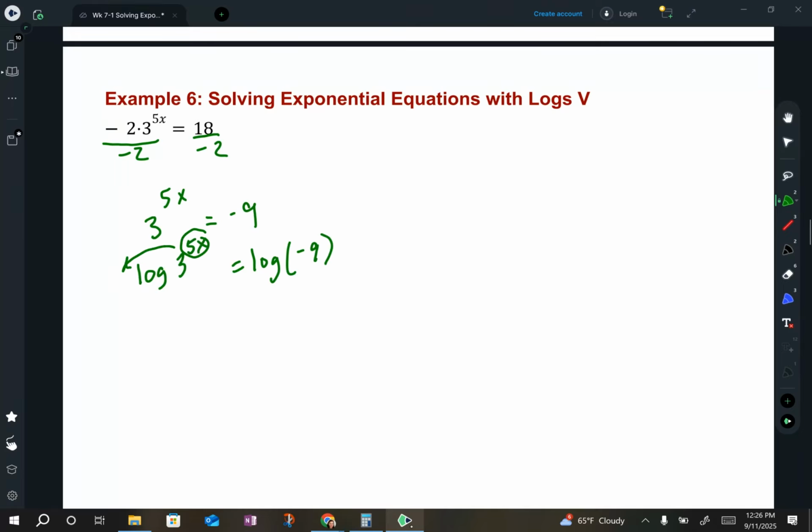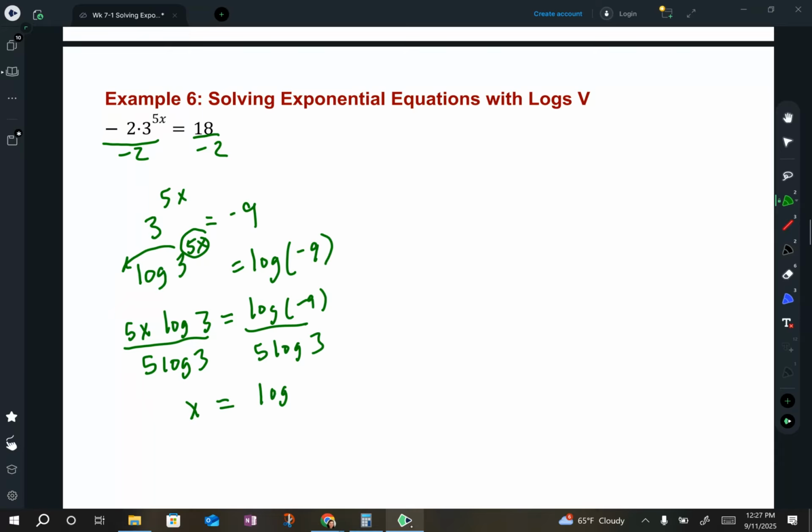Bring down the 5x. 5x log 3 equals log -9. And divide by 5 log 3. So x equals log -9 over 5 log 3.